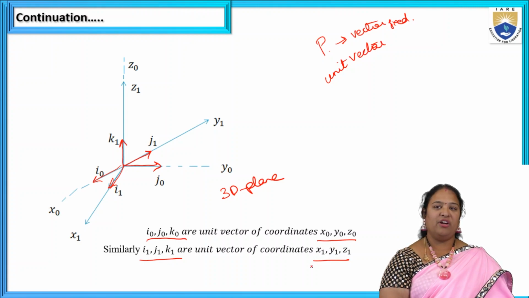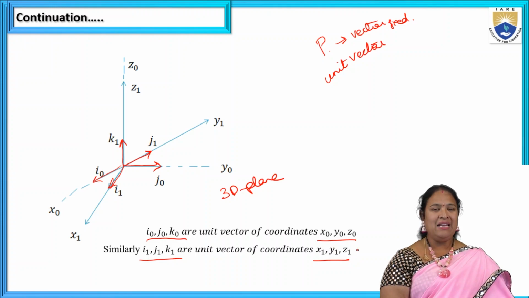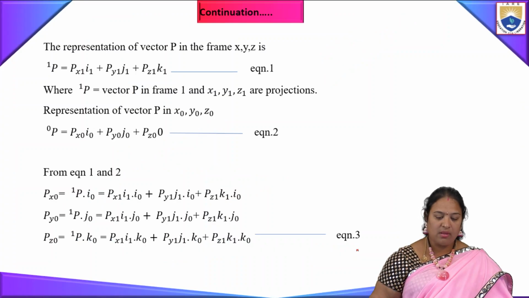Similarly, the unit vectors i1, j1, and k1 are the unit vectors represented on the coordinates x1, y1, and z1. Clear?